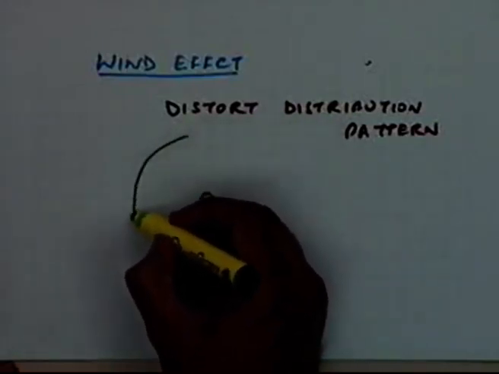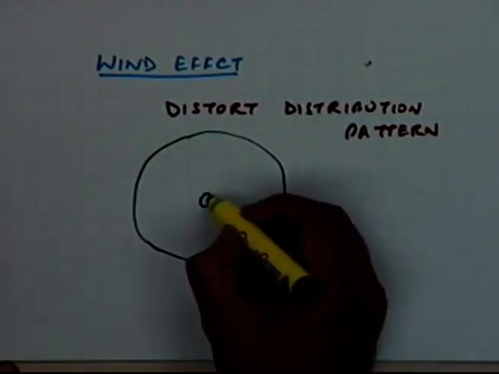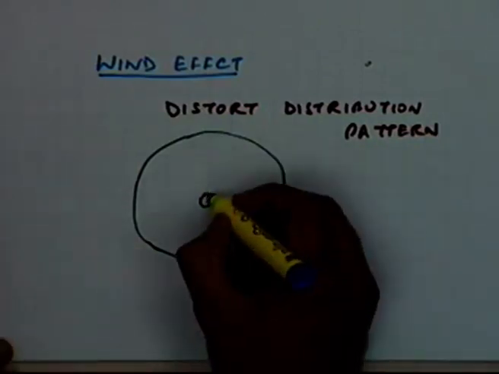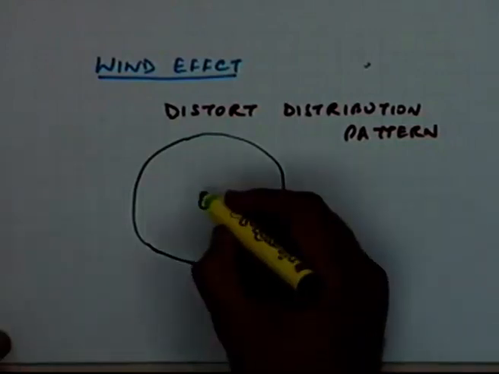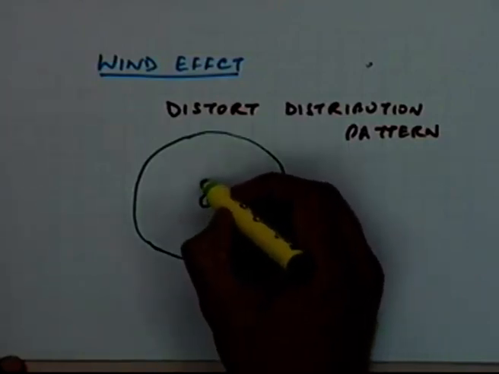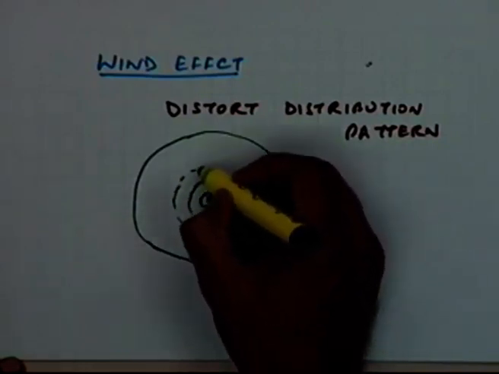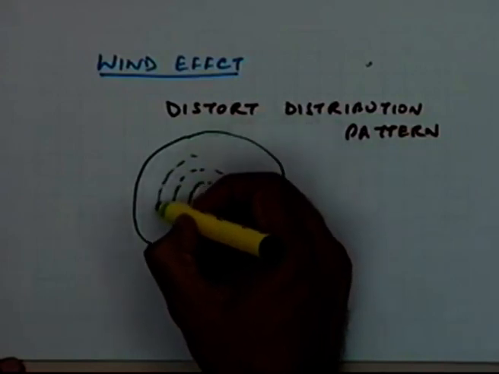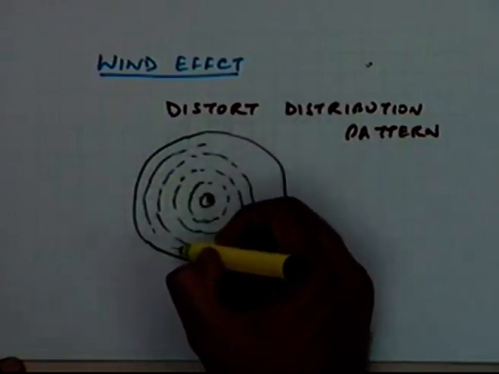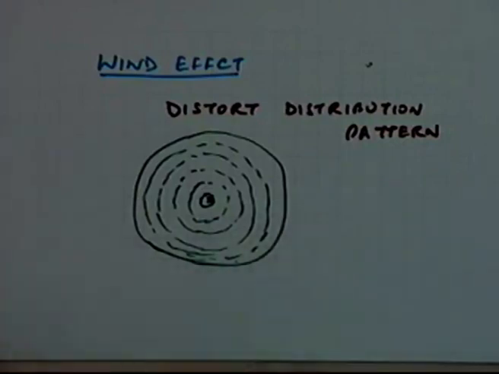If this is the location where the sprinkler nozzle, the sprinkler head, is, you will find that if you try to join the points of equal depth, you get a pattern which is quite well distributed around it. There might be some influence if the level of wind is not very high.